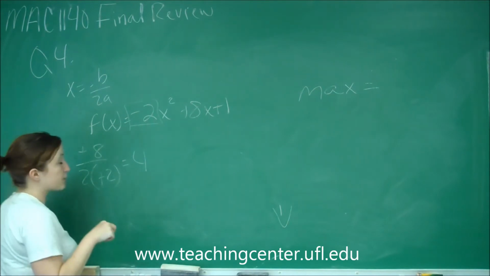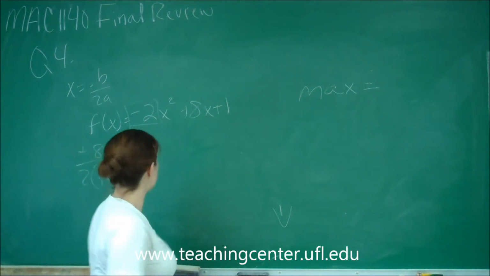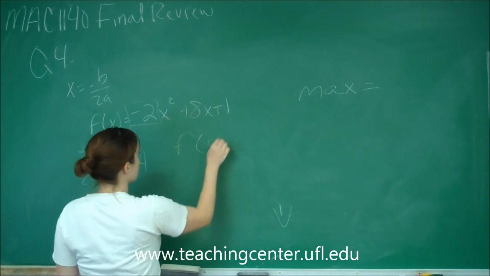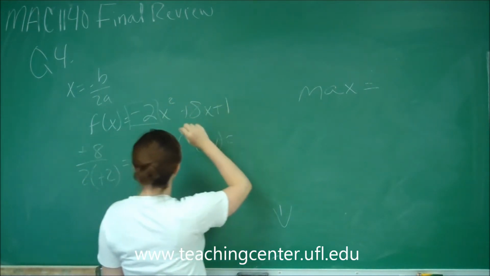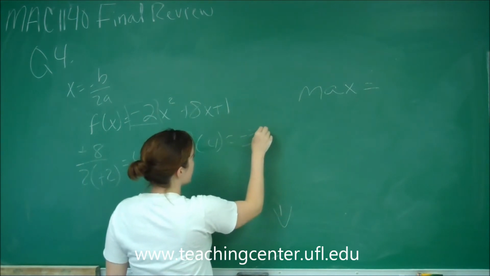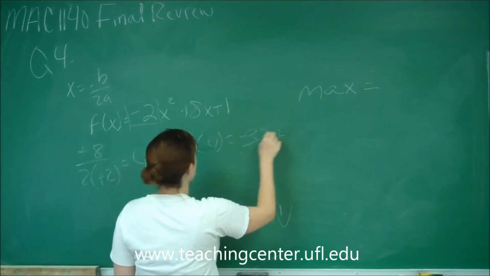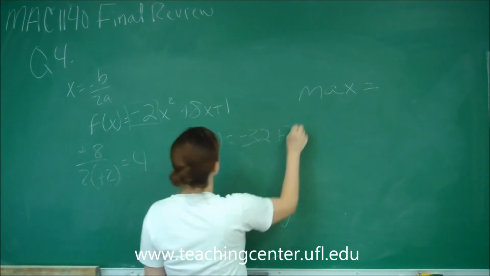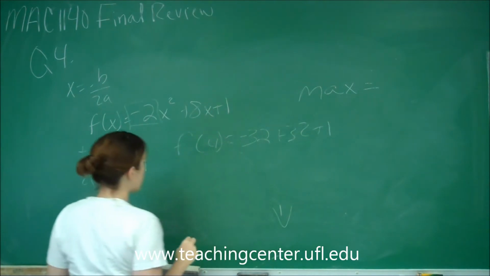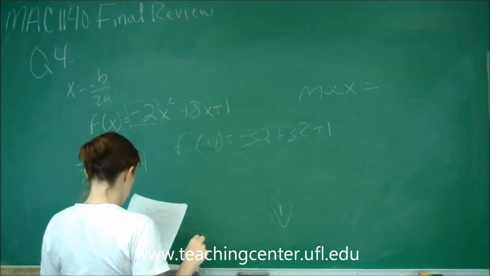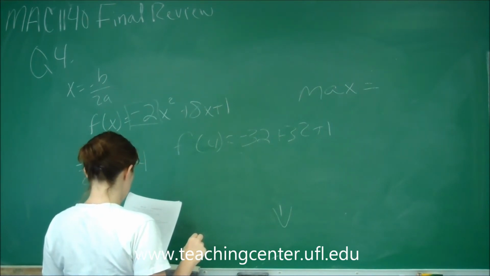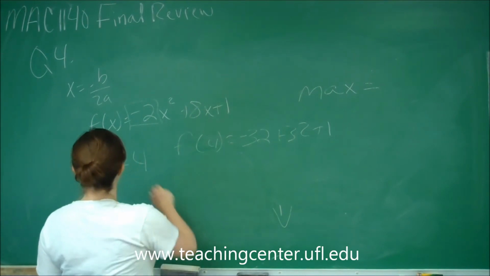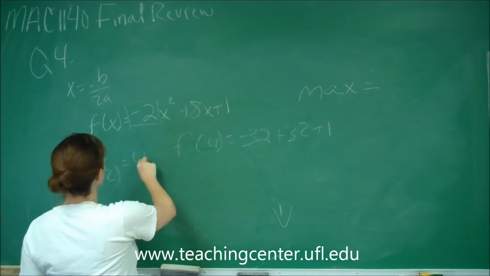We're going to plug that in to actually get what my value is, so I want to find f of 4. That's equal to 4 squared is 16 times negative 2 is negative 32, plus 8 times 4 is 32, plus 1. Let's just make sure that we did this right.